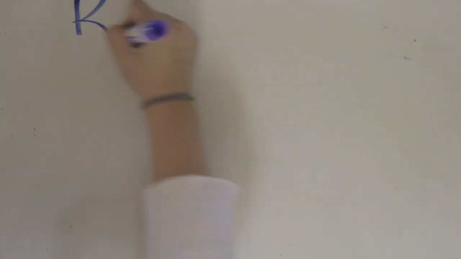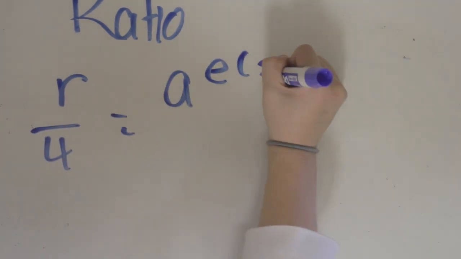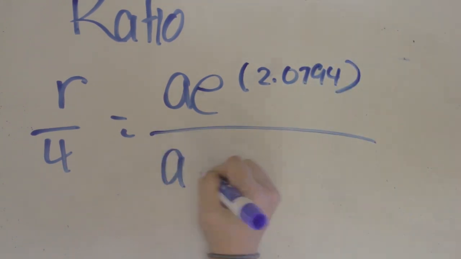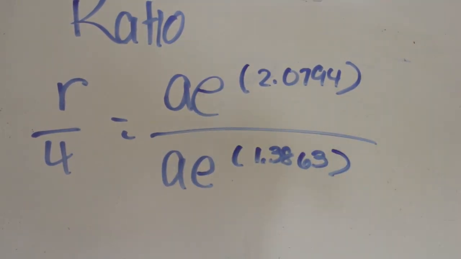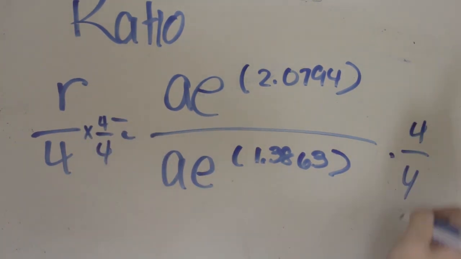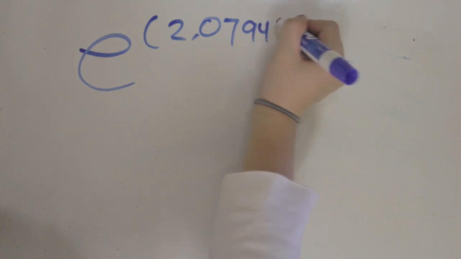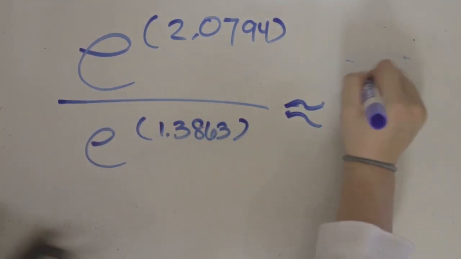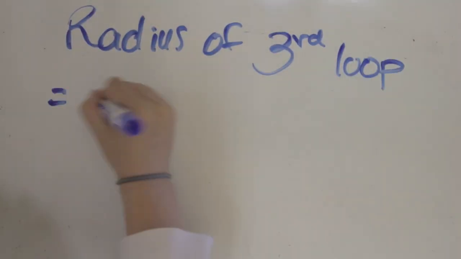You have to take the ratio between the two equations for the next step, so it would look like r over 4 equals a times e to the 2.0794 over a times e to the 1.3863. You multiply both sides by 4 and you get e to the 2.0794 over e to the 1.3863, which is approximately 8 over 4, which equals 2. So the radius would be 4 times 2, which is 8.